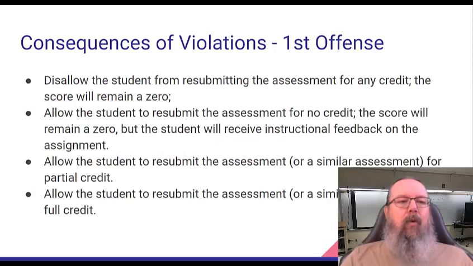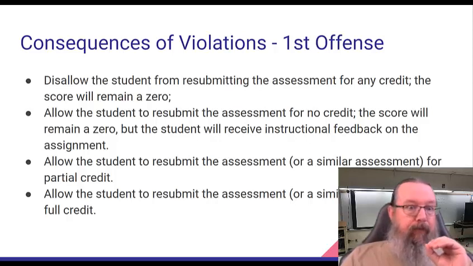The possible consequences could be several things. The teacher could disallow the student from resubmitting the assignment for credit, and the score will be a 0. The teacher can just say, no, you're getting a 0. The teacher might allow the student to submit the assessment for no credit, but the score will remain a 0.